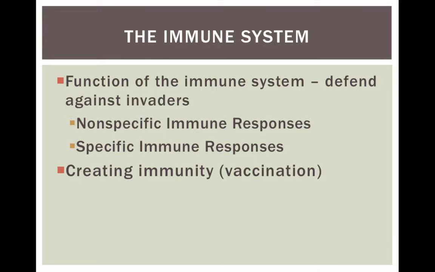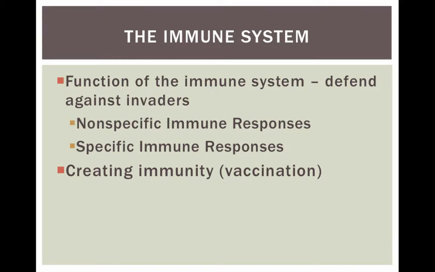Next, we have our specific immune responses. Specific immune responses are responses that are developed in response to a specific invader. So if a specific virus or bacteria enters, your body's going to engage in its non-specific immune responses, but it's also going to engage in a specific immune response in which it sends cells that are specifically developed to counteract this virus.